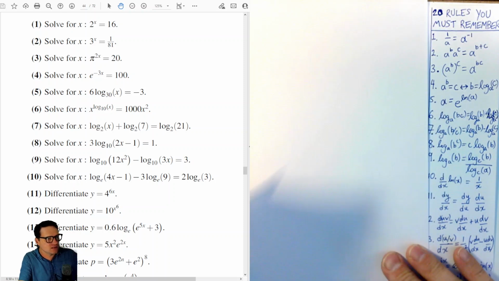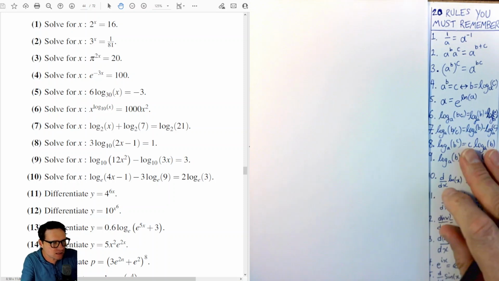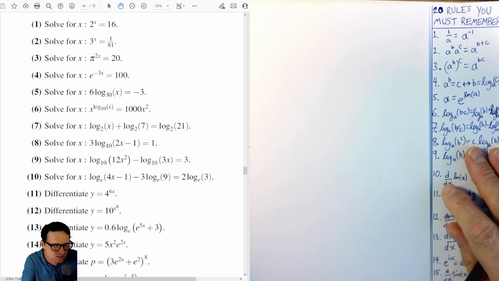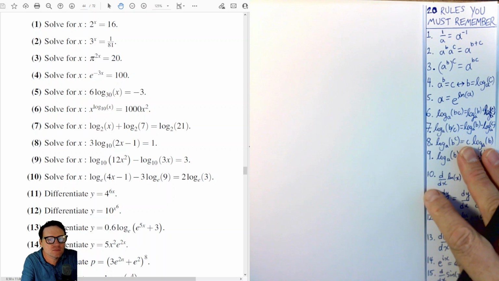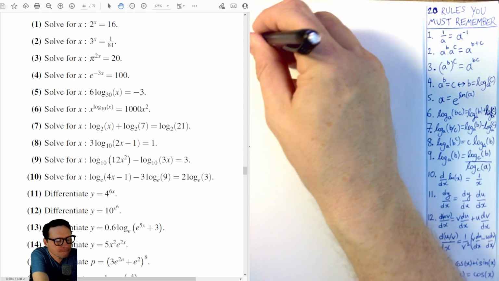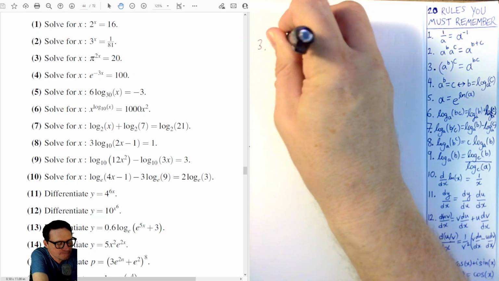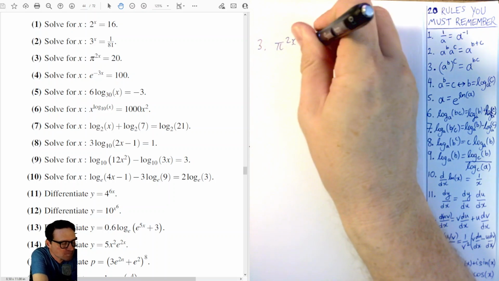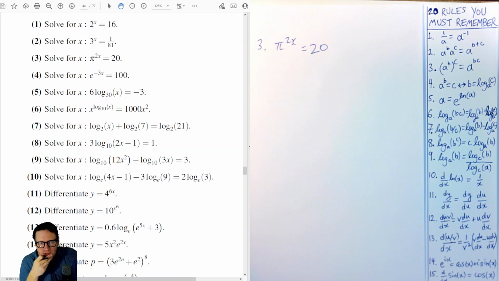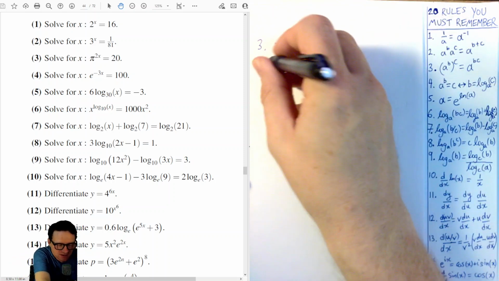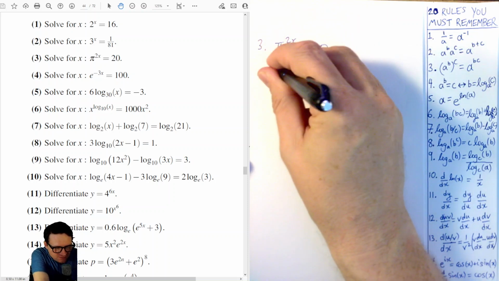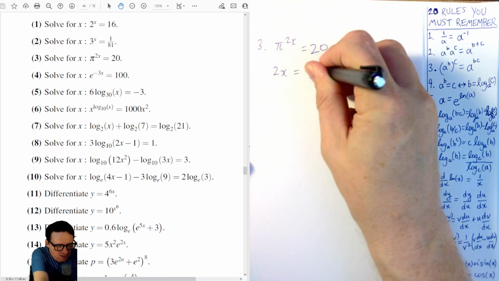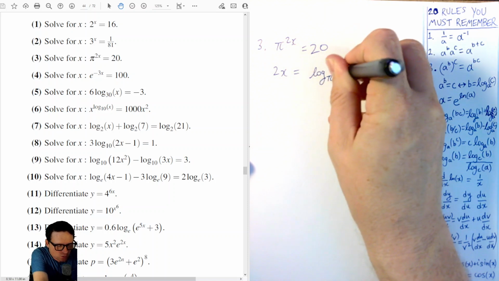where we're asked to solve for x in pi to the power of 2x is 20. Okay, and now let's see, if we solve for 2x using rule number 4, well then we can find x by dividing by 2. So let's do that. Using rule number 4, we have 2x is equal to log to base pi of 20.